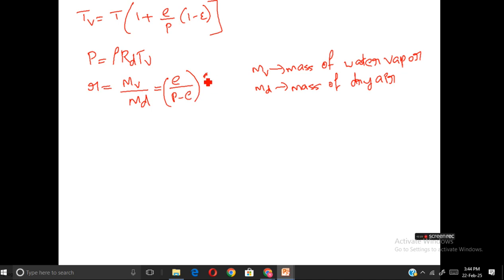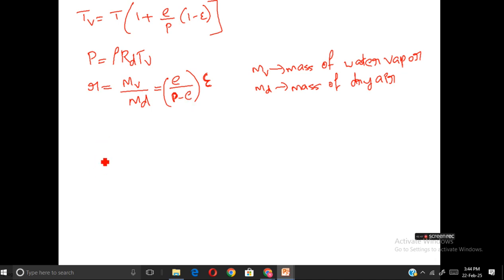It can also be written as the ratio of vapor pressure to the pressure of dry air, into epsilon.